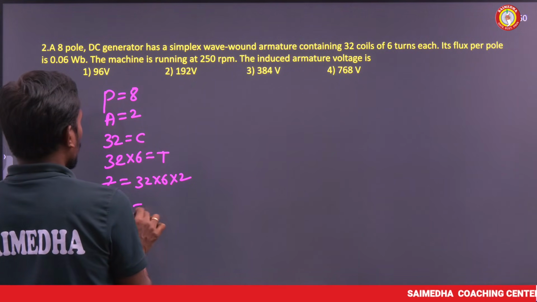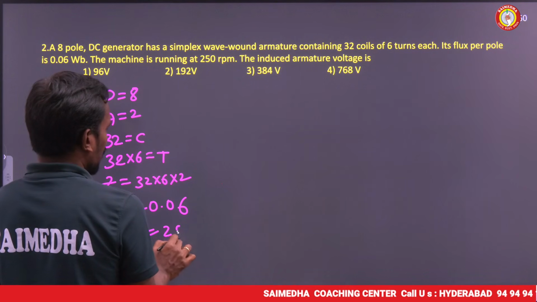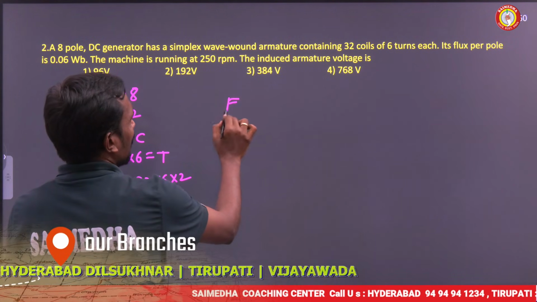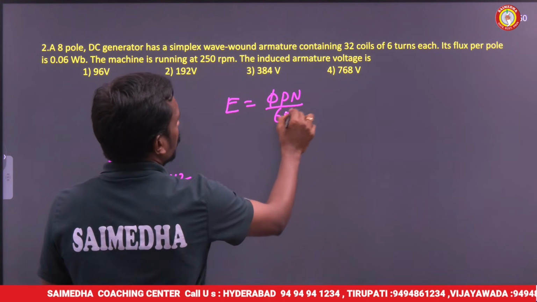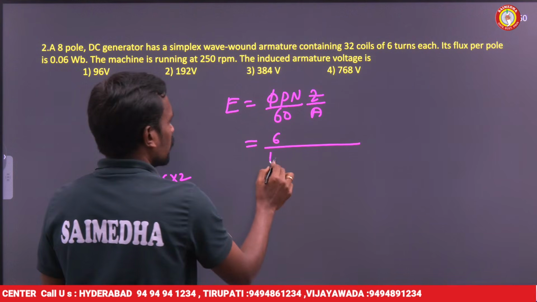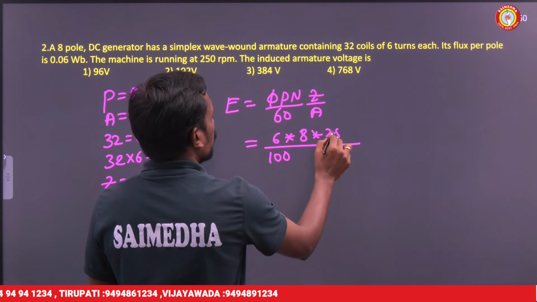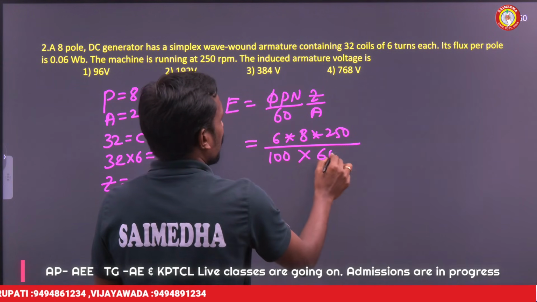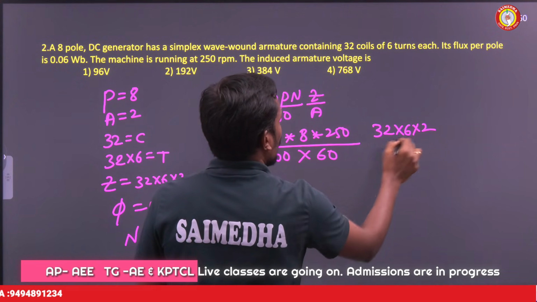Flux per pole 0.06, rotating at 250 rpm. I think we have already calculated this question. E is equal to ΦPN by 60 into Z by A. Phi given as 0.06, number of poles 8, speed 250 by 60, number of conductors 32 into 6 into 2 upon 2.